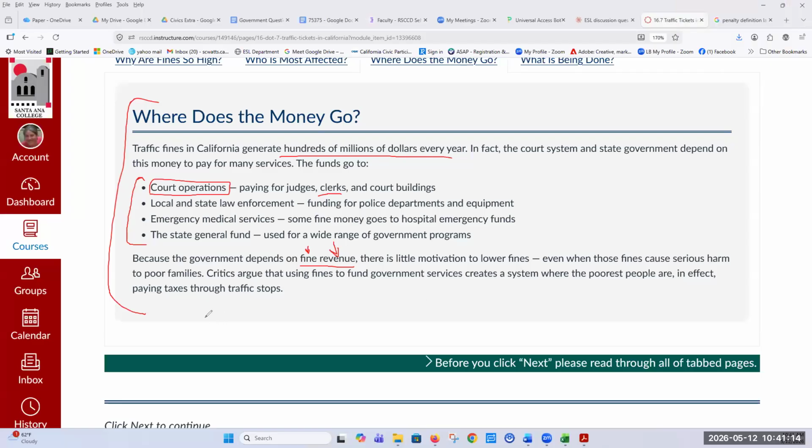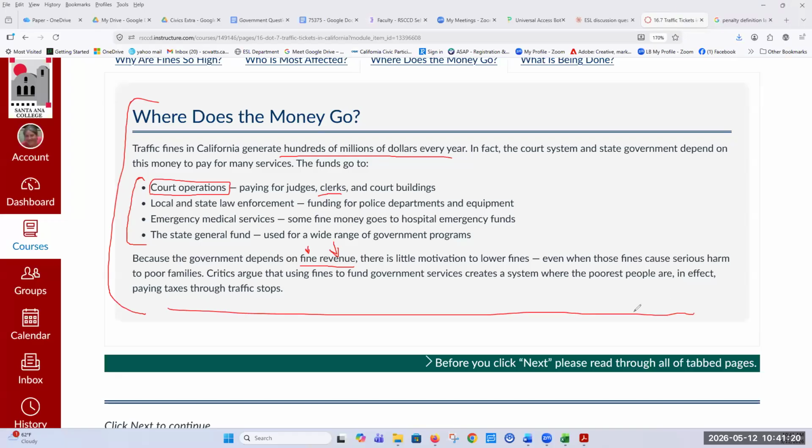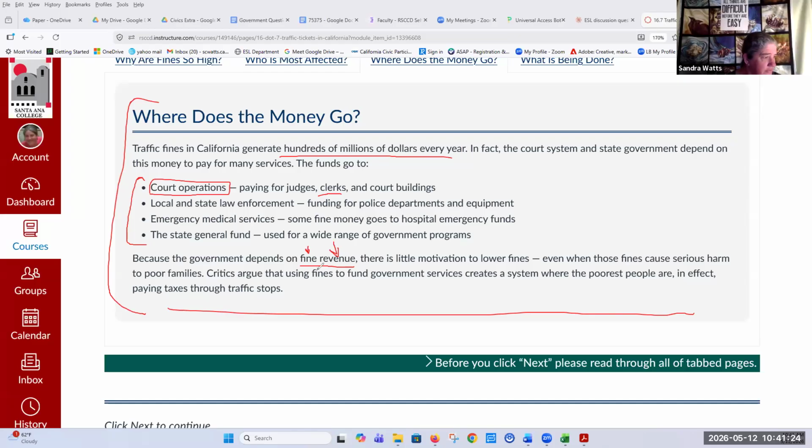Teacher, is operation like surgery? What is the general fund? Fund is like savings. So it's the money that's sitting somewhere to be used for specific things.